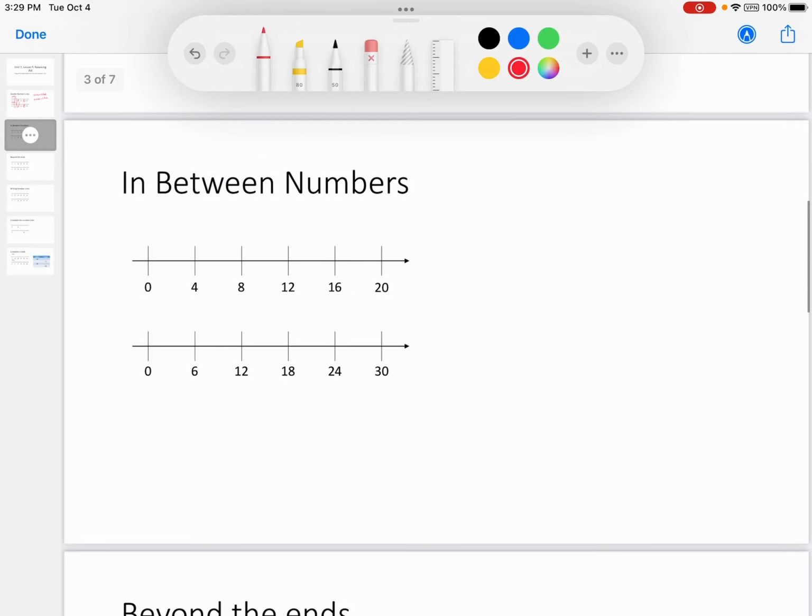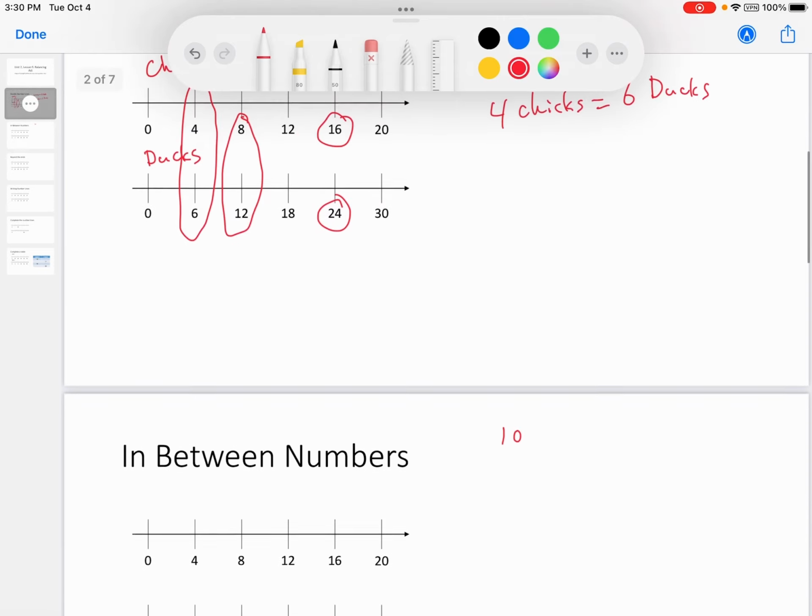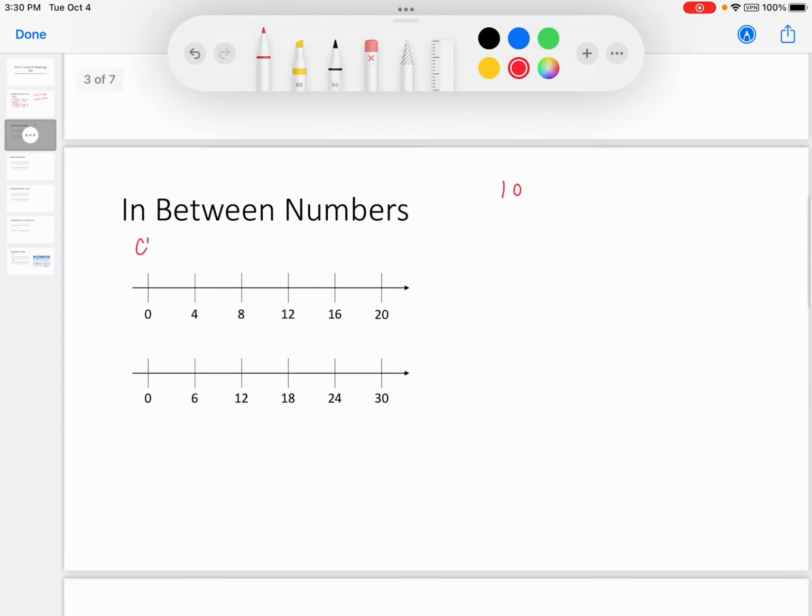So what if they asked you an in-between number? We'll call these chicks and ducks again. Let's say they said 10 chicks is how many ducks?